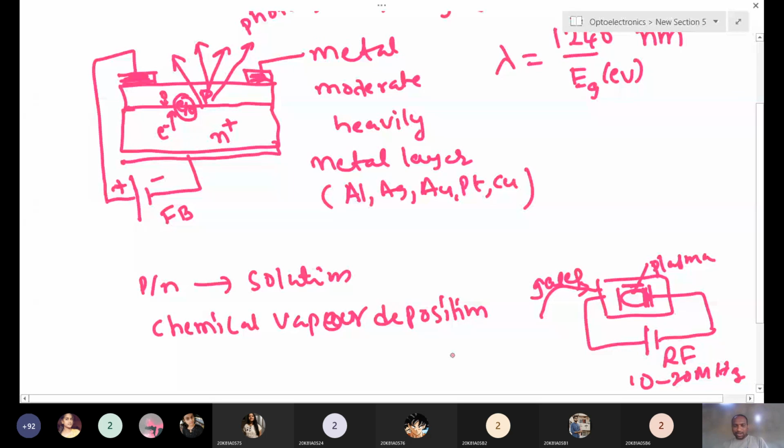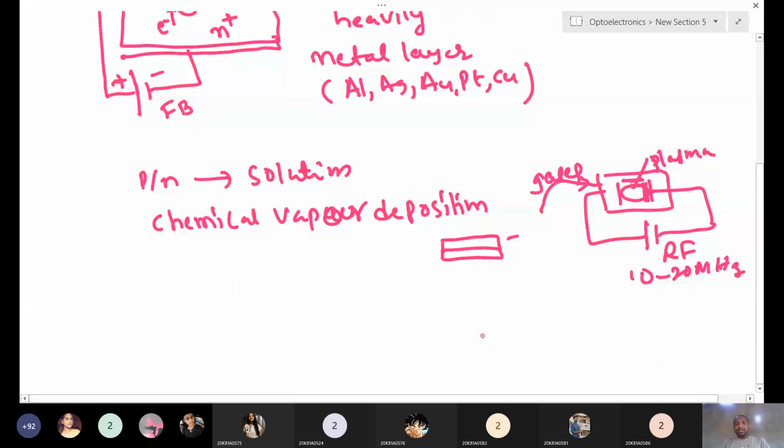One layer will deposit, and after that, for another layer, we send whatever gases are required. Like that, we'll make different layers, so that we get the PN junction. Electrodes you can also make on the back side with a silver paste, like a pen, just write and it will coat as a layer. Paste it on the back side and front side, and that will become the metal layers.